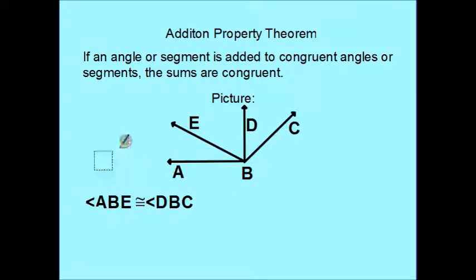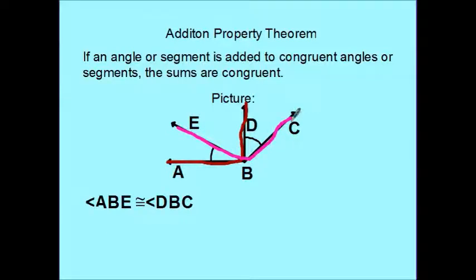Now, let's go ahead and start putting our tick marks in there. So here we go. Here's 1 tick mark right here, angle ABE, and here's a 2nd tick mark here, angle DBC. Now, I want us to look at these medium-sized angles here. I want us to look at angle ABD and also angle EBC. What do you notice about them?